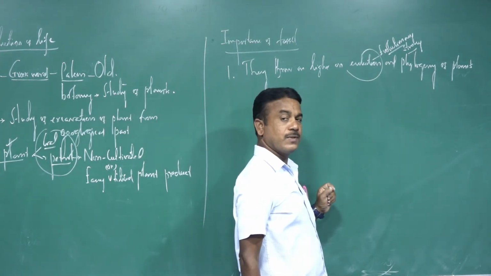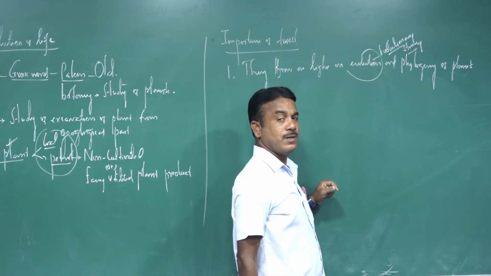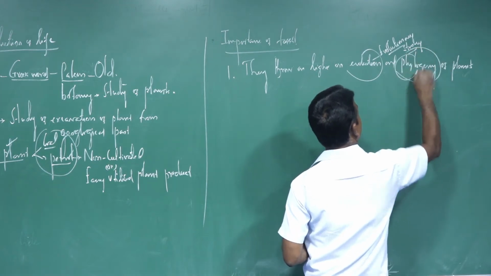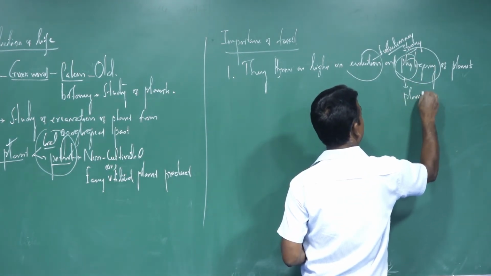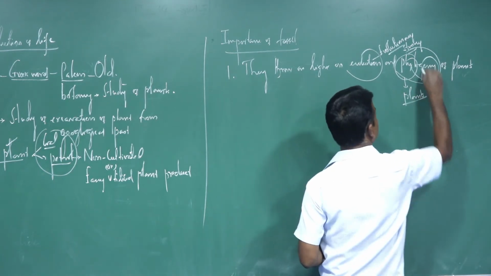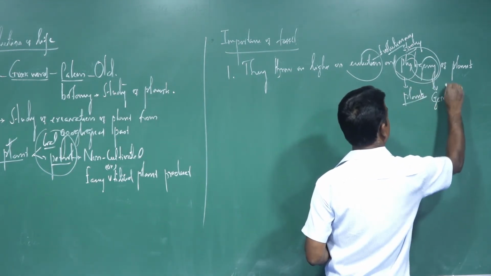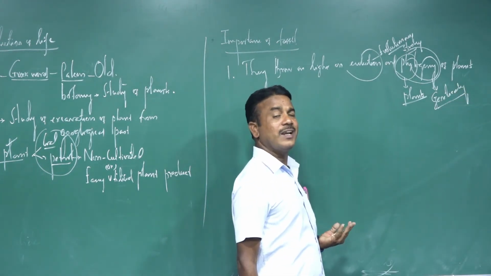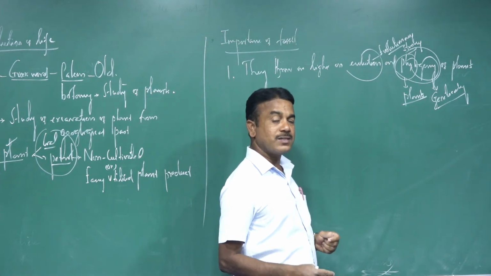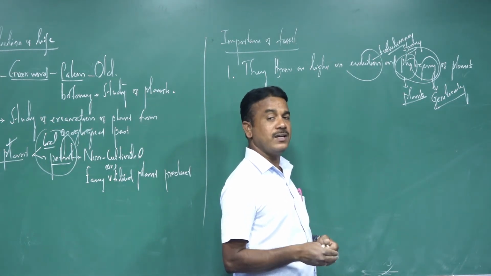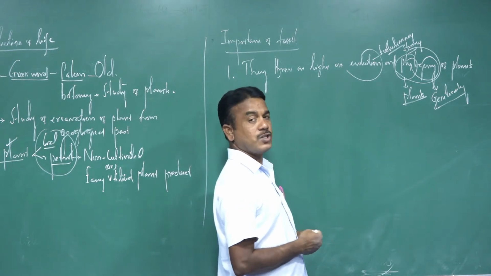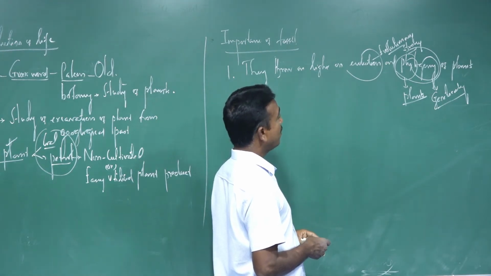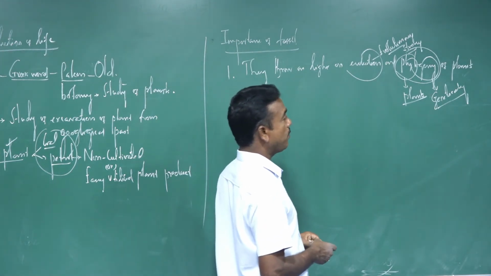Where the organism was initially developed, you have to study, and you need fossil plants. What is phylogeny? Phyllo means plants, geny means genetically. So within the plants, what genetic relationships are there, how to find them out, you need fossilized products. This is the first importance of fossils, namely throwing light on the evolution and phylogeny of plants.